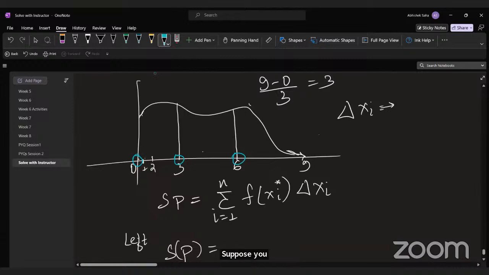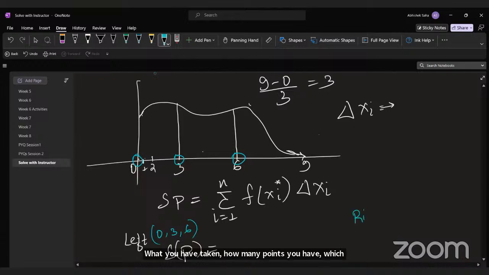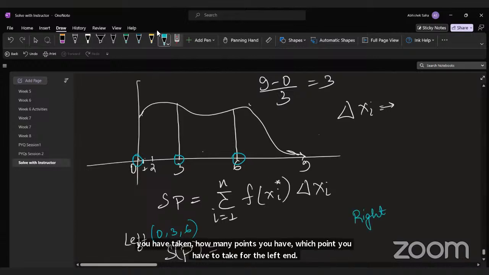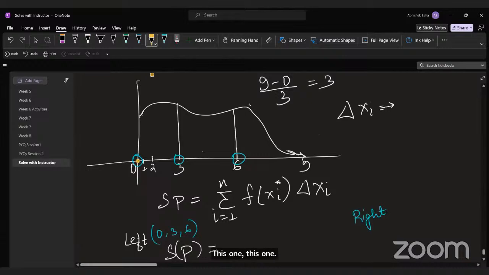For the left hand, you have to take 0, 3, and 6. And to find the right, you have to take 3, 6, 9. Sorry, not 0. It is 3, 6, 9. For the right, it will be 3, 6, and 9.